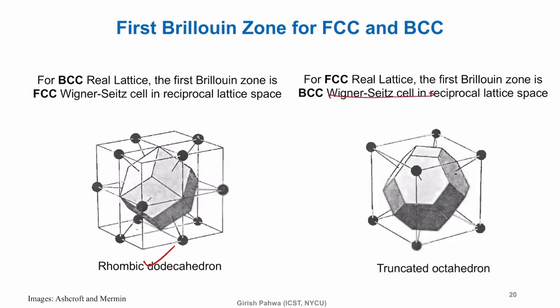How does it look? It looks like this, right? Because it's BCC, you have a point here, and if you combine this and this, this is that perpendicular plane. The volume enclosed by all of these perpendicular planes is your Wigner-Seitz cell, which is the first Brillouin zone.